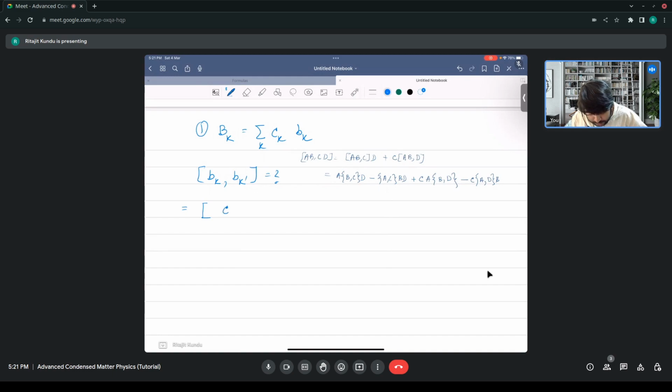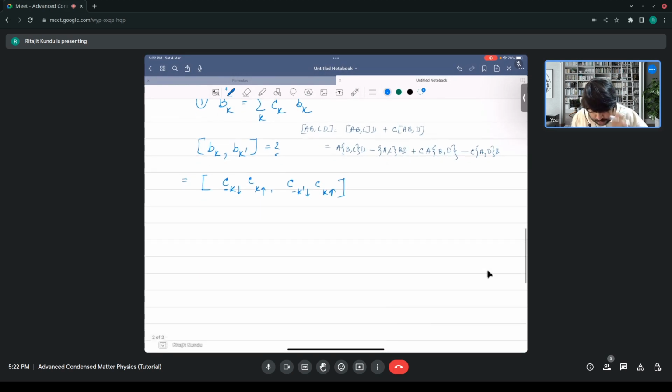This first thing is given by c_{-k} down, c_k up, and the other one is c_{-k'} down, c_{k'} up. Okay, so you see this is my four fermion operators, and I can identify all of these operators in terms of A, B, C, D.